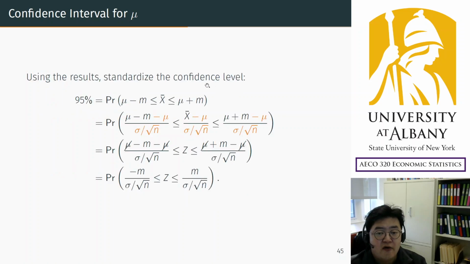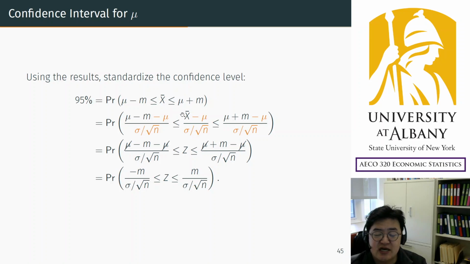So then, coming back to the 95%, we need to satisfy this probability equal to 95%. In this probability, x bar is the only random variable, so we standardize x bar using this part, and we have to do the same standardization on the other sides. Simply, mu cancels out, and in the end we have this.